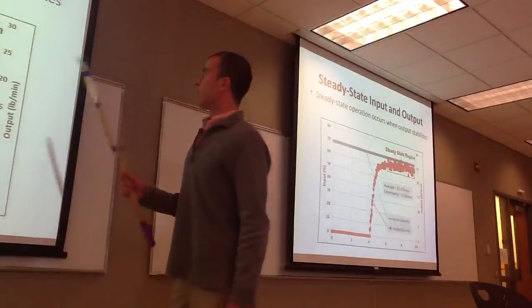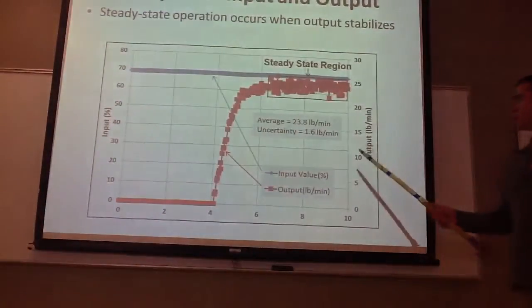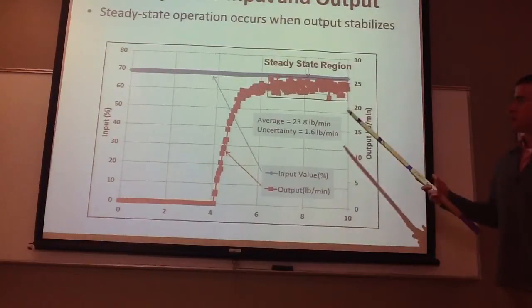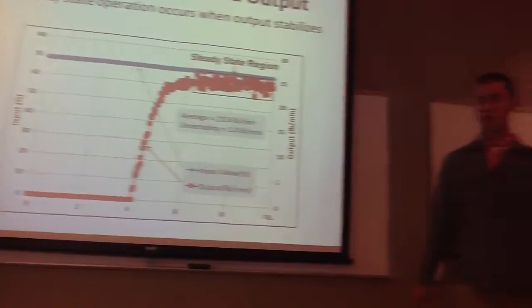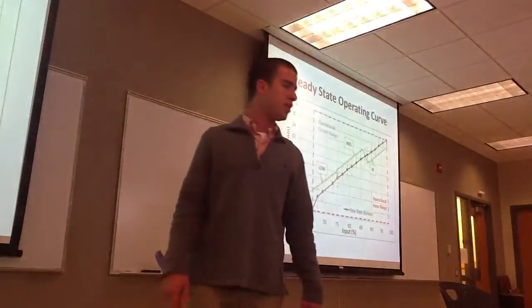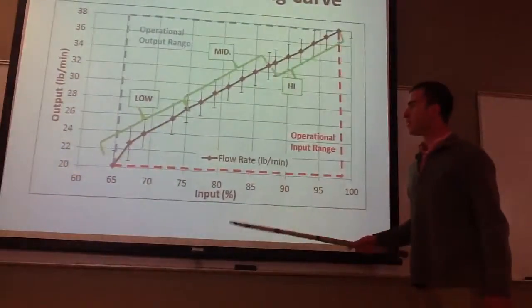Here's an example of one of our steady state input and output curves. Our output average is around 23.8 pounds per minute at an input of around 69%. Here's an example of the steady state operating curve.